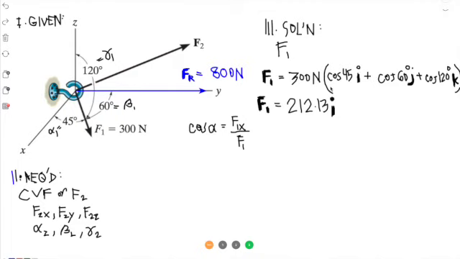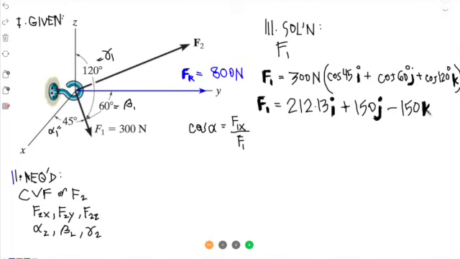Next is cosine 60, that's 1/2 of 300, and it's positive, so plus 150 j, and cosine 120 is negative 1/2 by 300, so minus 150 k.